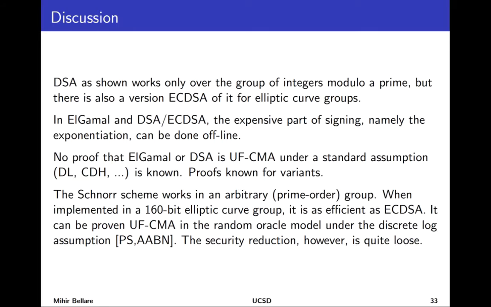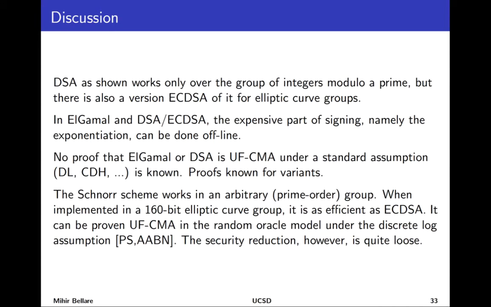One is that if you're doing a lot of signing, you can do expensive parts of it offline before you even know the message. When it comes to security, there's actually no proof that these schemes are UFCMA, even if you assume ideal hash functions. But in practice, this seemed to work fine.